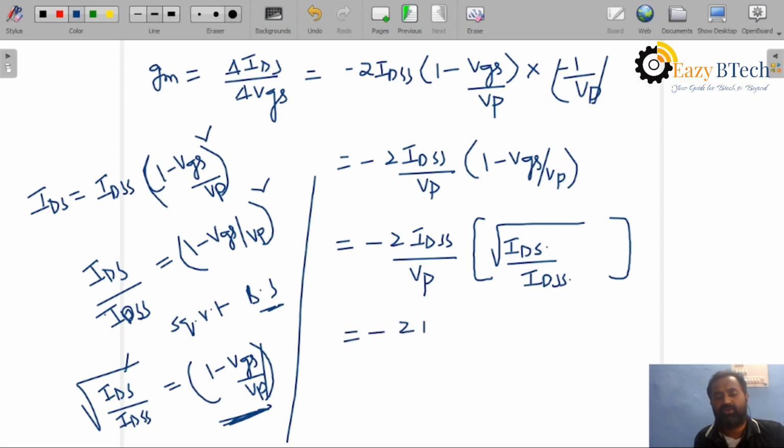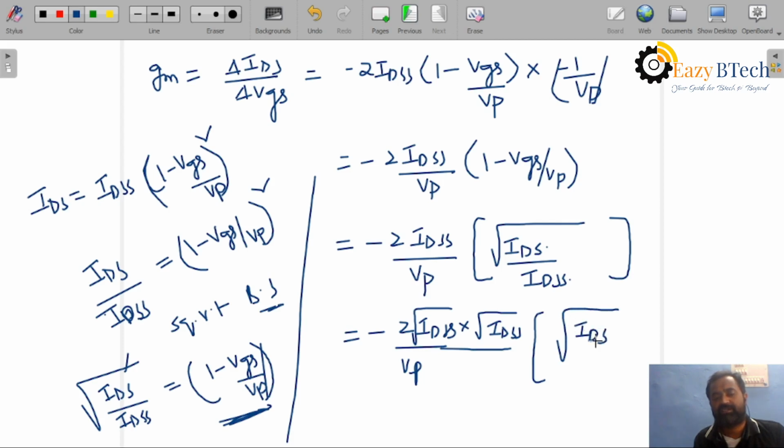IDSS you may write as root of IDSS into root of IDSS, into under root IDS by under root IDSS.